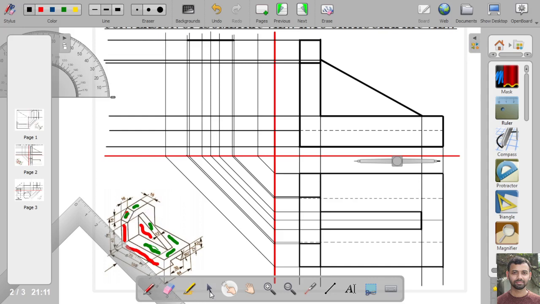That means when we look from the right hand side, we can see only this face, this part, this part. These are the portions we can see from the right hand side.